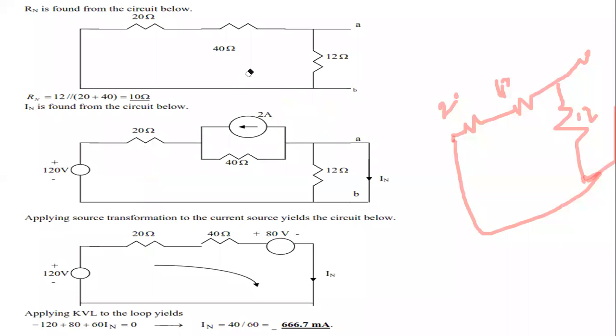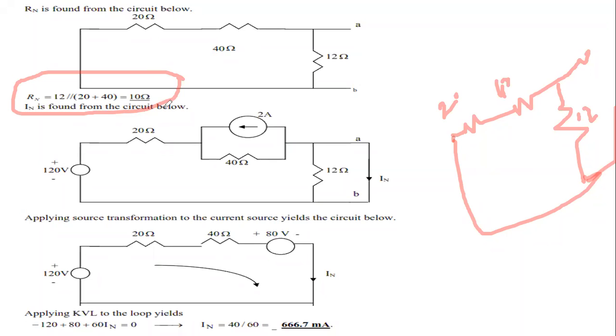Here you can see in the slide, 20 and 40 are in series, 12 in parallel, so that will make 12 and 60 in parallel. That will make 10 ohm. So Rn or Rth, whatever you call it, Rn is going to be 10 ohm. Just another problem to make you understand Norton's theorem.